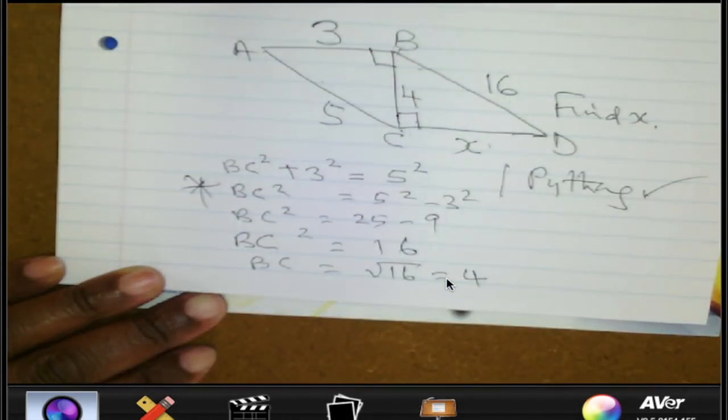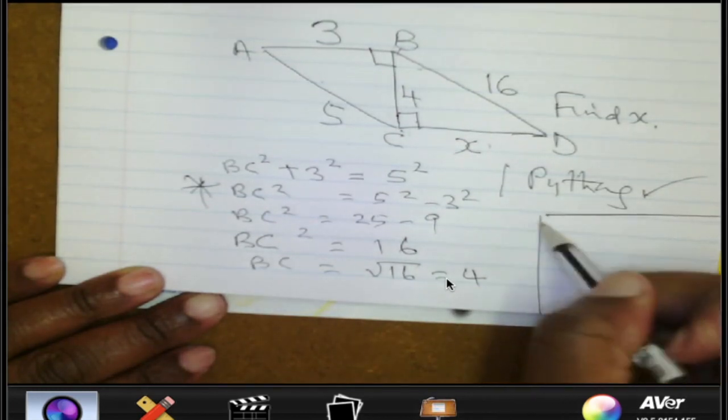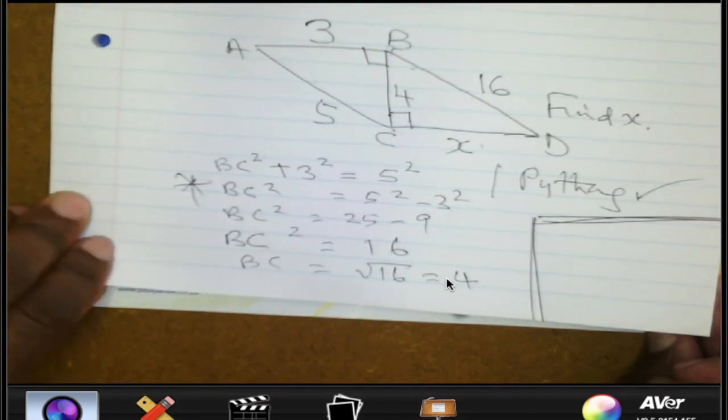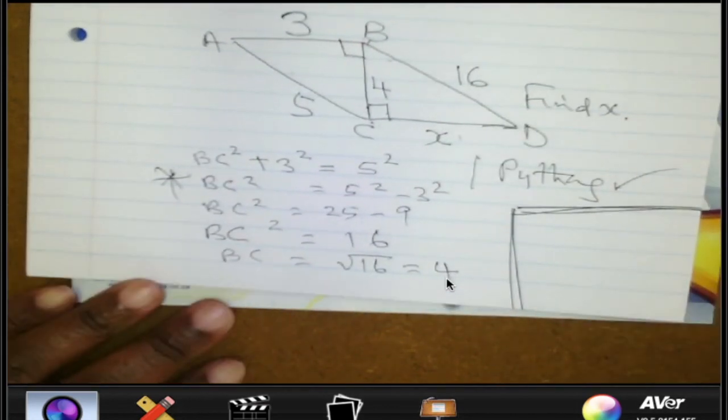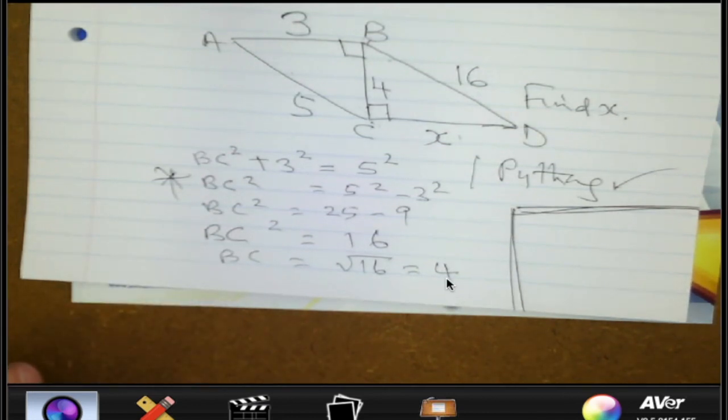And now, how do we get x? I'll work it out here. How do we get x? Yes, Leola? That is correct. 16 squared minus 4 squared is equal to x squared. You can start there if you understand it, okay?